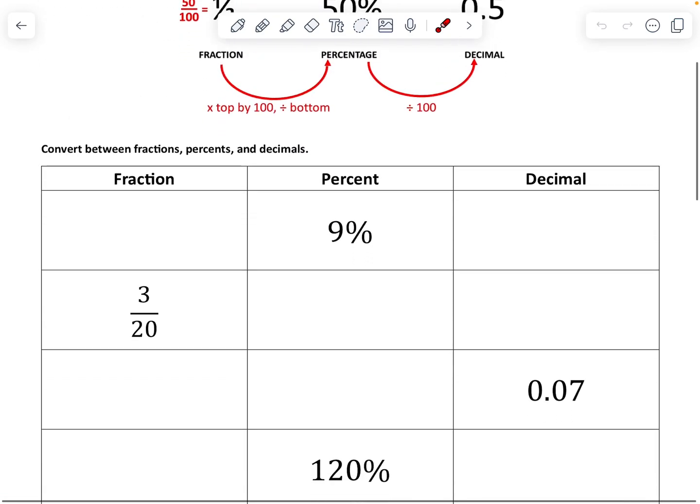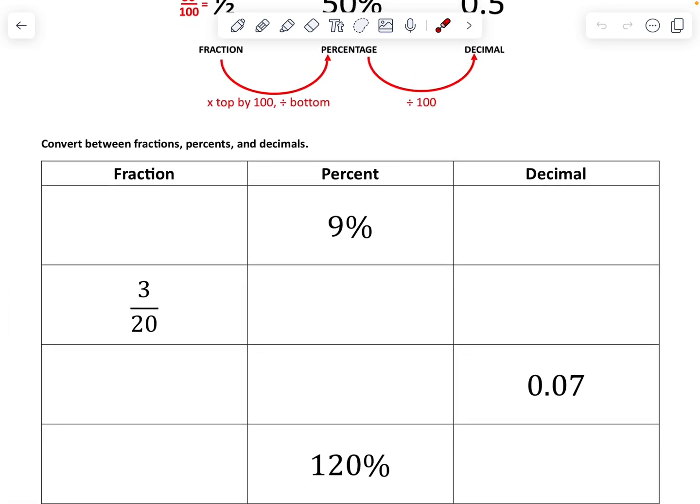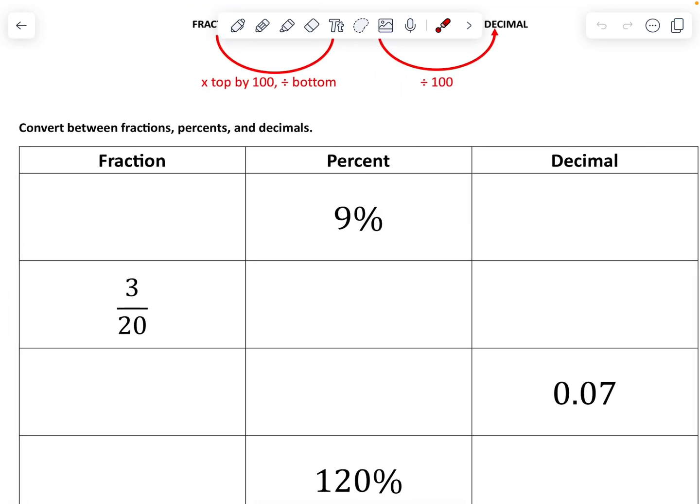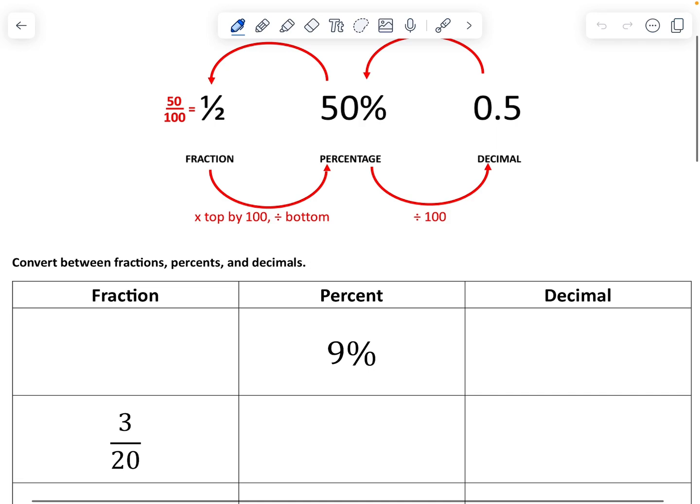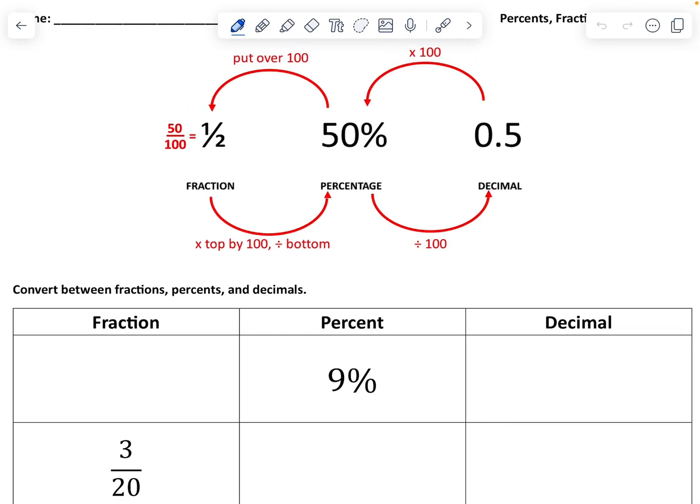Okay? So the first thing it gives us is a percent. So we're at 9%. Let's change that to a decimal. So remember, when you need to change a percent to a decimal, you move your decimal twice to the left, because that's the same thing as dividing by 100. So up here, we could put move decimal left 2 times.